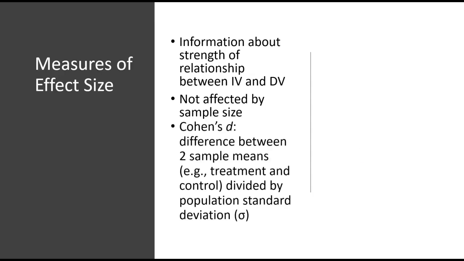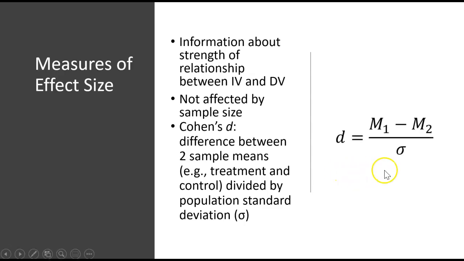One of the common values that's reported is something called Cohen's d, and it's used when we're comparing sample means. And here what you're doing is, let's say you have a treatment group and a control group, you're going to divide the differences between those two means by the estimated population standard deviation. And there's a lot of complicated statistical math going on in the background there.